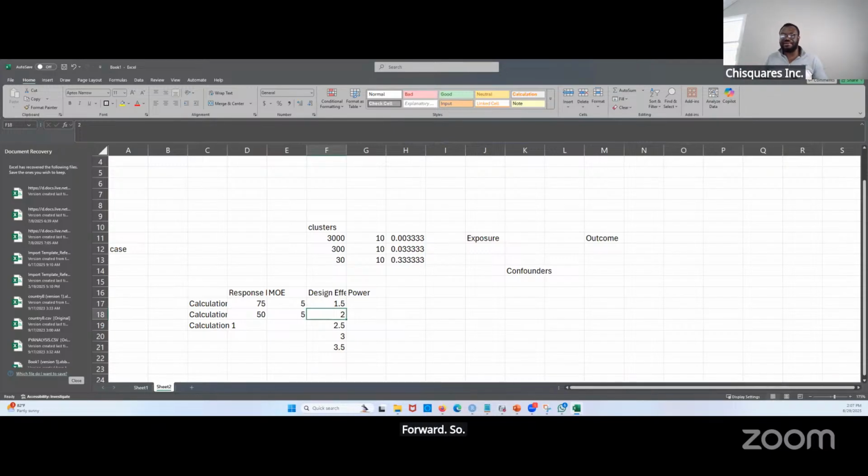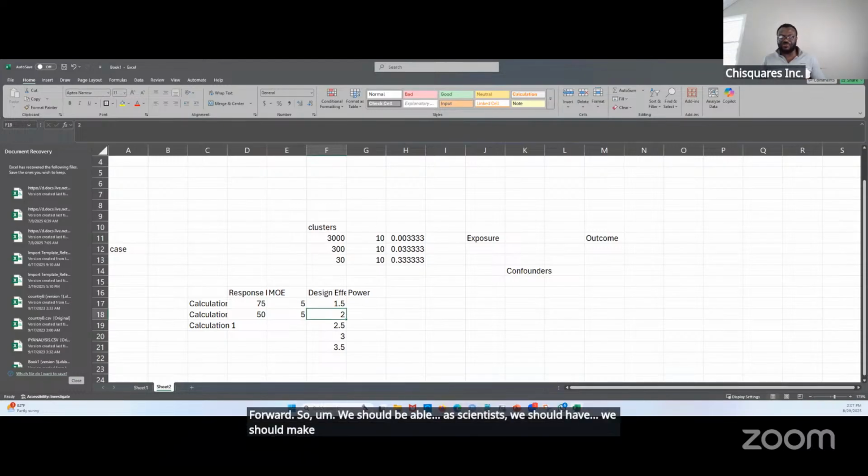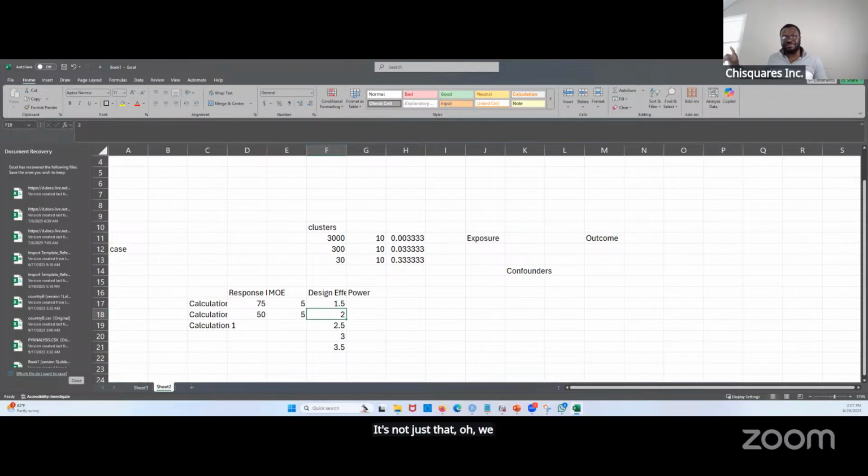So we should be able, as scientists, to make sure that whatever we do is defensible. It's not just that, oh, we read somewhere that people do this. No. It's all about context. Why are you doing it in your context? So for everything you do, there should be some defensible reason for doing it.